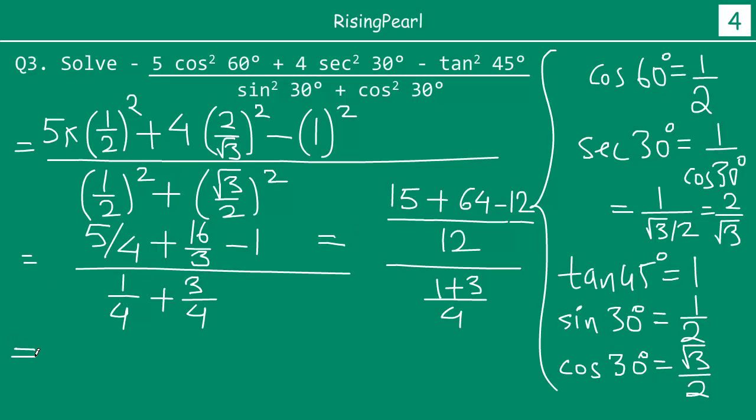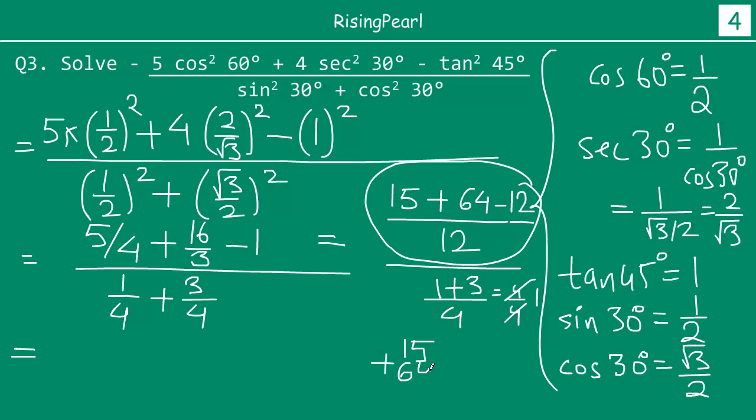So we don't have to write this. So essentially the expression will become just this much, because this one is really 4 by 4, cancels out 1. Because we don't have enough space, we are going to just assume this is 1. So what we have here is now 15 plus 64 minus 12. So what is 15 plus 64?